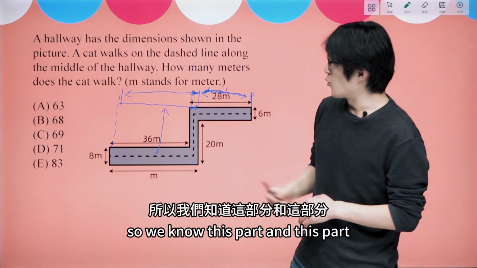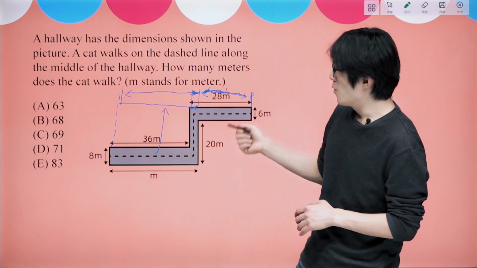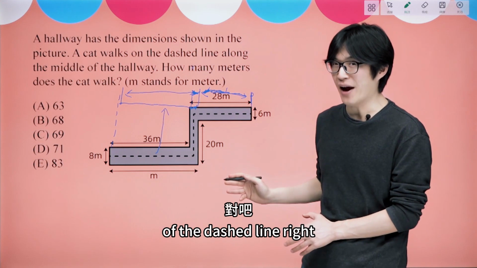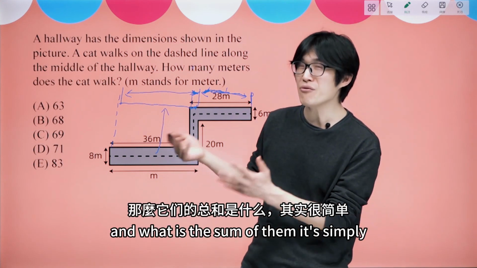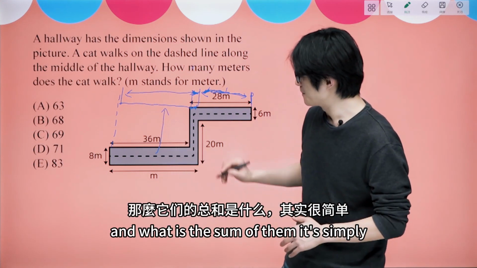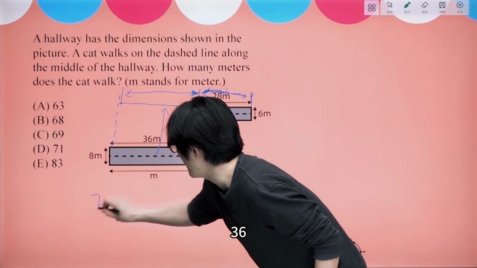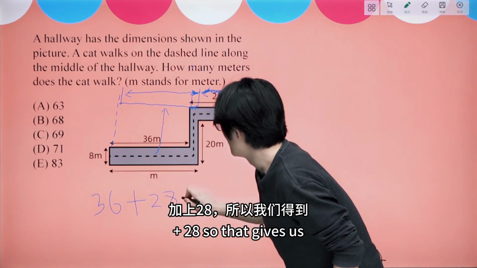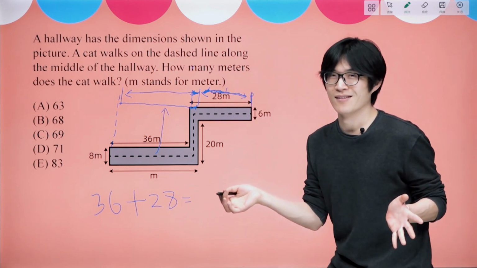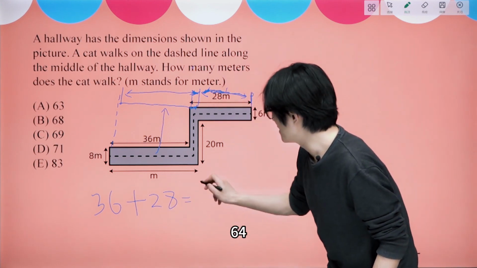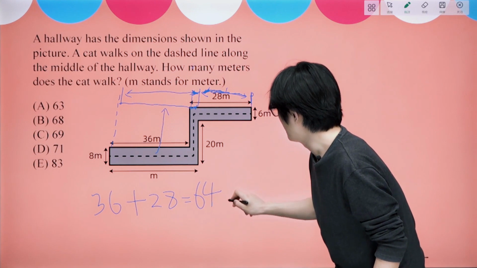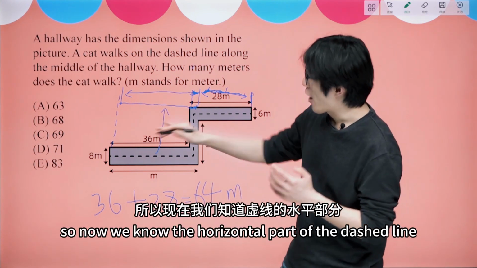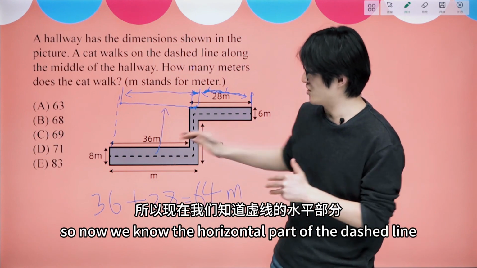So we know this part and this part will be the horizontal distance of the dashed line, right? And what is the sum of them? It's simply 36 plus 28. So that gives us 64 meters, okay? So now we know the horizontal part of the dashed line.